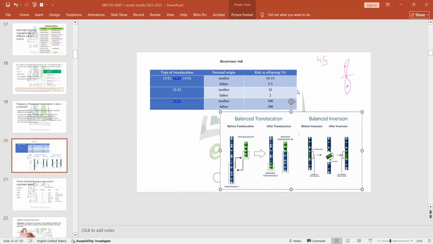Do you know which stage in the cell cycle is meant for checking out the DNA mutation? Which stage in the cell cycle? For DNA?